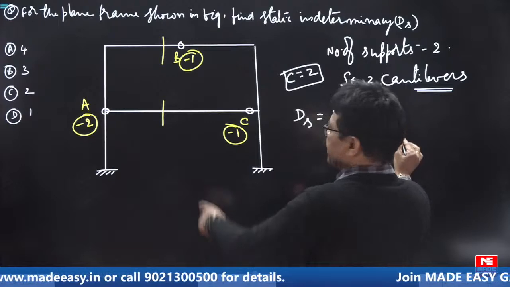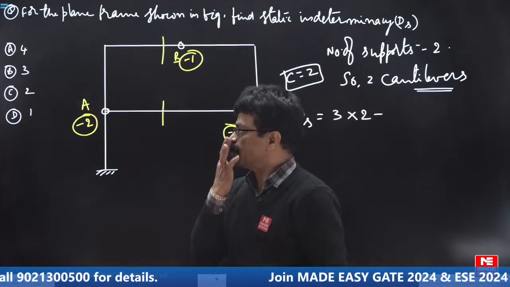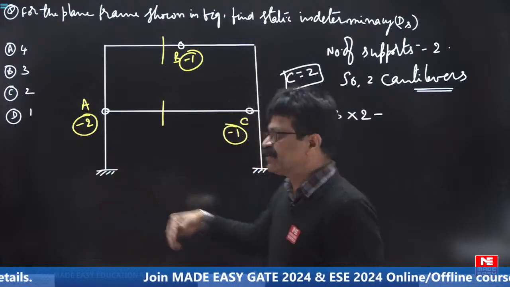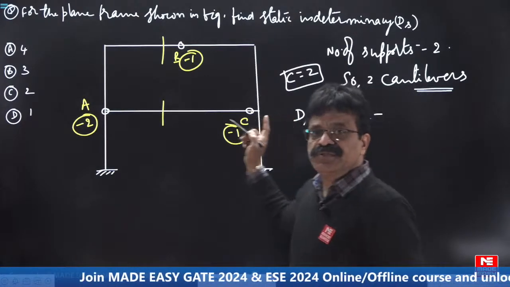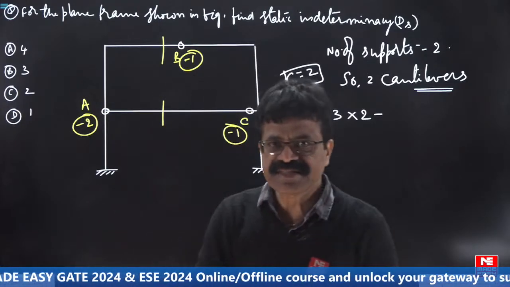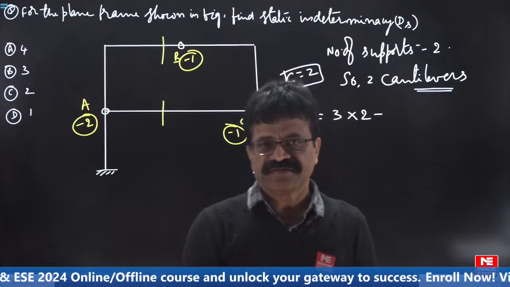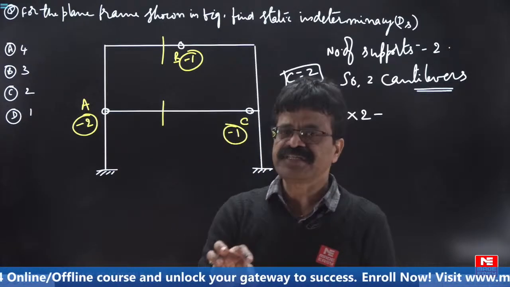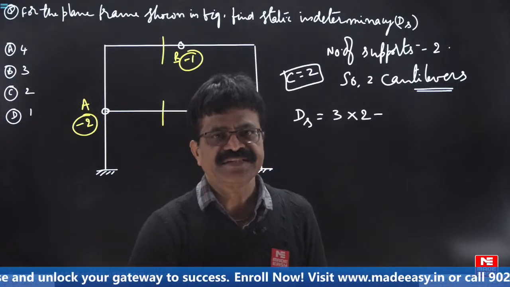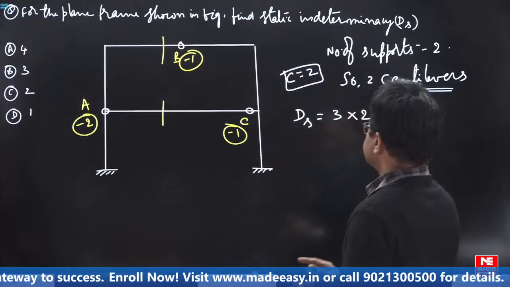3 into 2 minus number of reactions unnecessarily added to make stable cantilevers. Why should we make stable cantilevers, then subtract? If you want to use the Ds equals 3 into c, number of cuts formula, it is necessary that all joints must be rigid jointed ones. If they are not rigid jointed members, make them rigid. To make them rigid, how many reactions you have to add? So many reactions you subtract. Then you will get for the actual structure what is Ds.